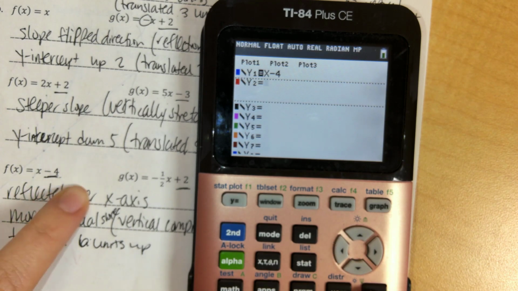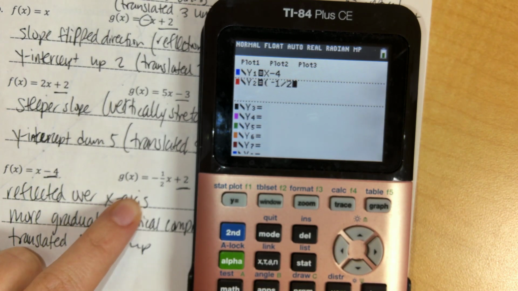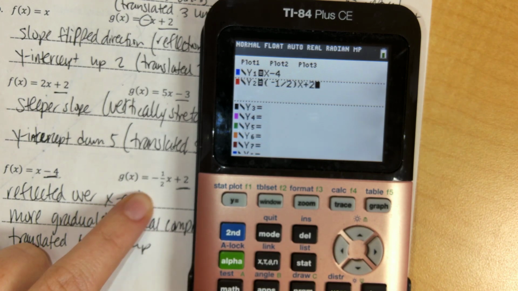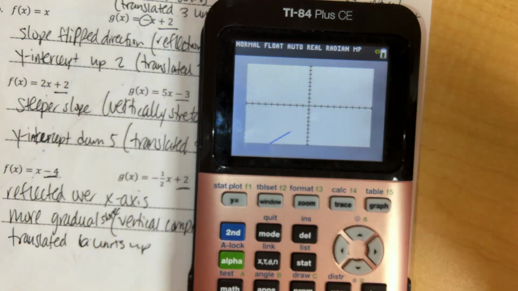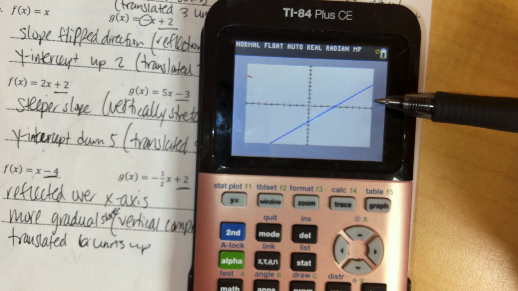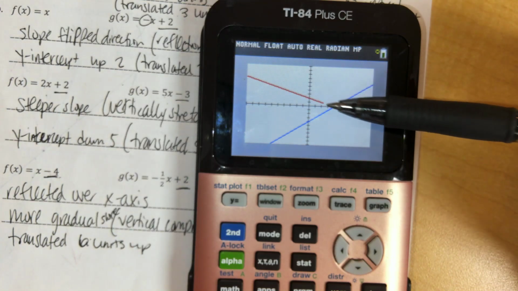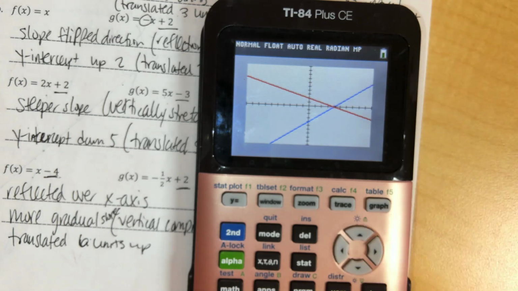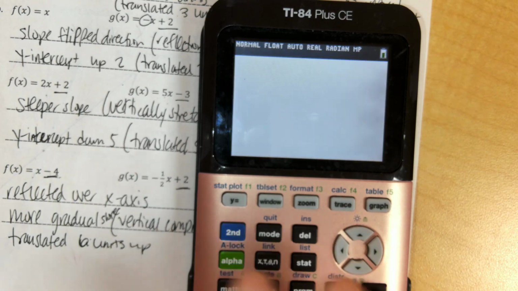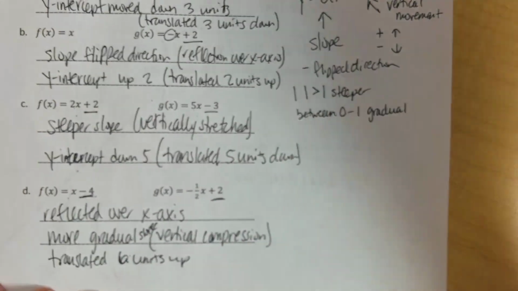Oops. And then I can do negative 1 divided by 2, x plus 2, and I can graph each of those. So the first one is going to be x minus 4, and then the second one has a more gradual slope, and we've moved it up 6 spots, and it's been flipped or reflected over the x-axis, so it's now moving in a negative direction. So 3 different changes from one equation to the other.